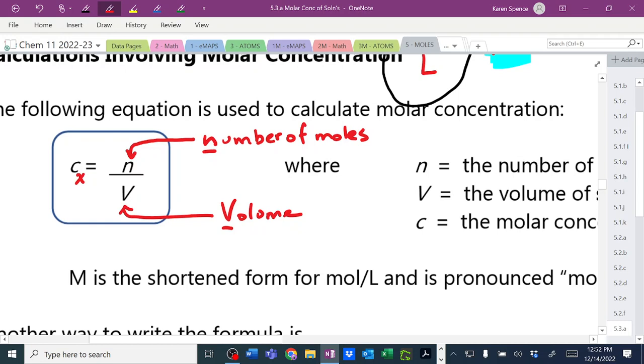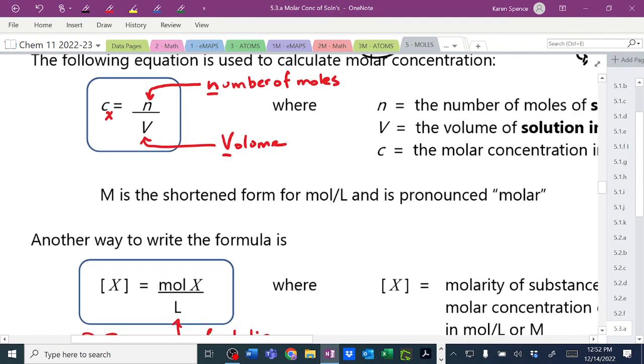And if you like using that formula, that's fine, okay? For myself, I actually prefer this other one because it's a little more like just obvious what I'm doing. I'm taking my moles and I'm dividing by my liters. I don't have to remember that N is moles, right? Because moles is moles. That's easy. Yeah?